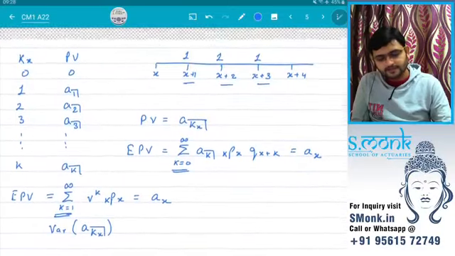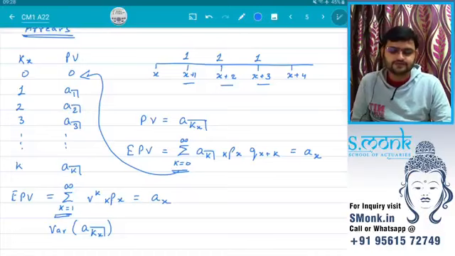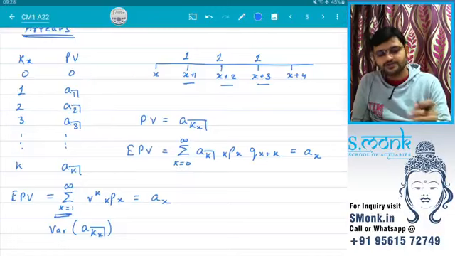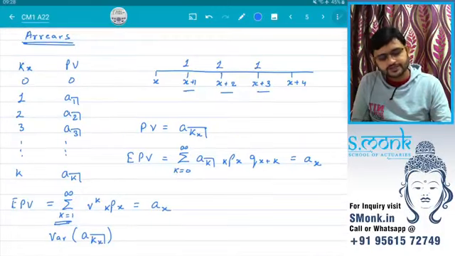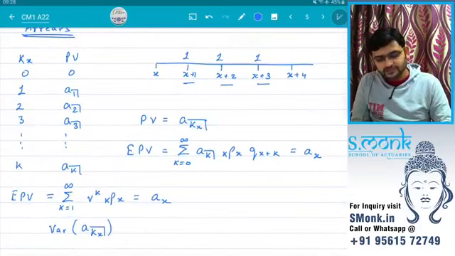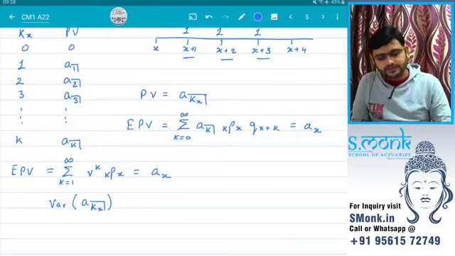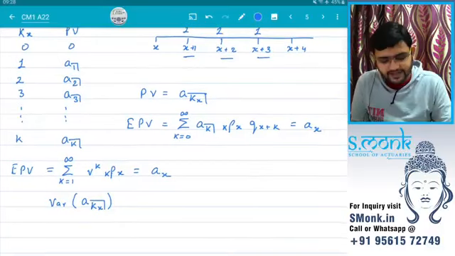This k is the number of years a person survives after age x. So the death can be at time 1, that means within the first year, so the person can survive for 0 number of years. And this k is the time of payment. Okay, sir. Because we are using the same variable, that might be a little bit confusing. But unfortunately that is how we use it.